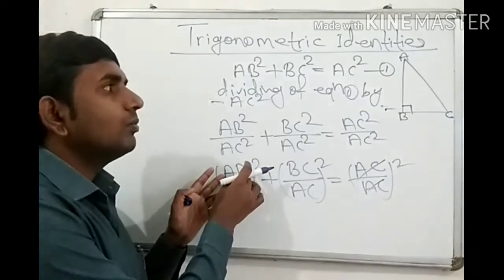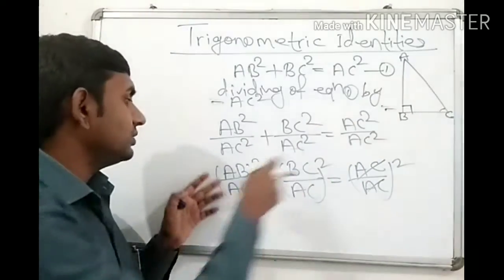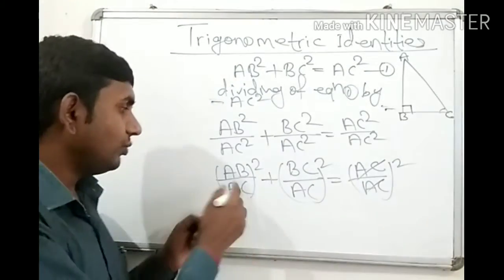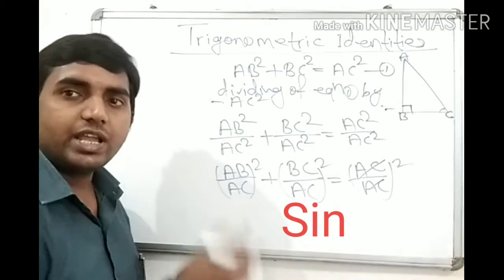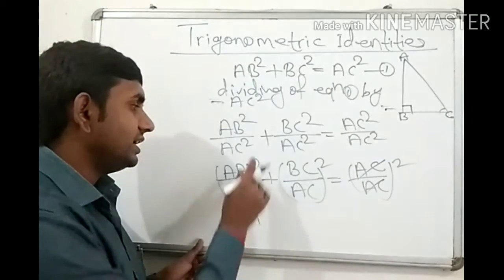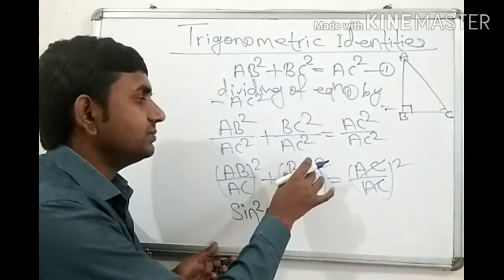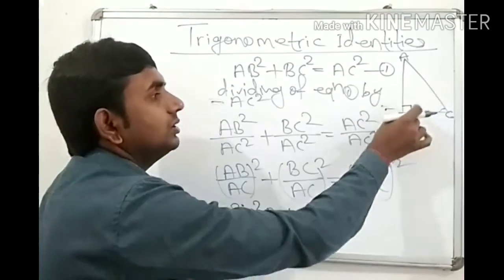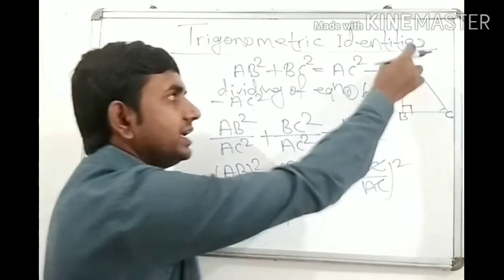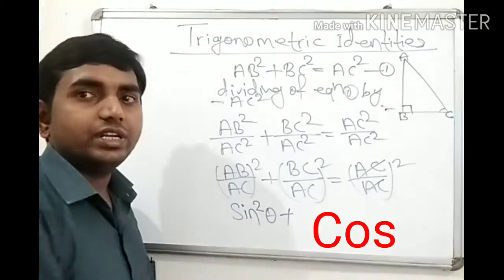So AB, in comparison to angle C, is perpendicular by hypotenuse. We know that perpendicular by hypotenuse is sine theta, so we write sine square theta, plus BC by AC. In comparison to angle C, BC is the base and AC is the hypotenuse, so it indicates base by hypotenuse.